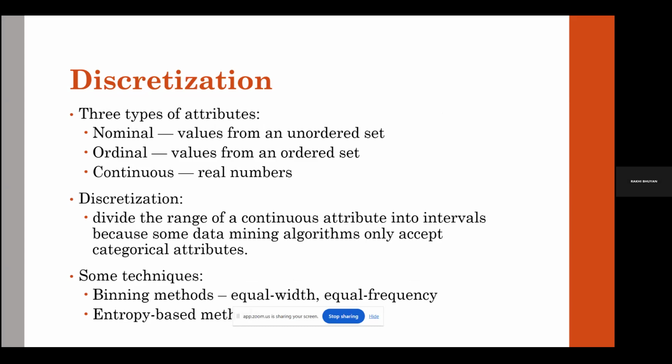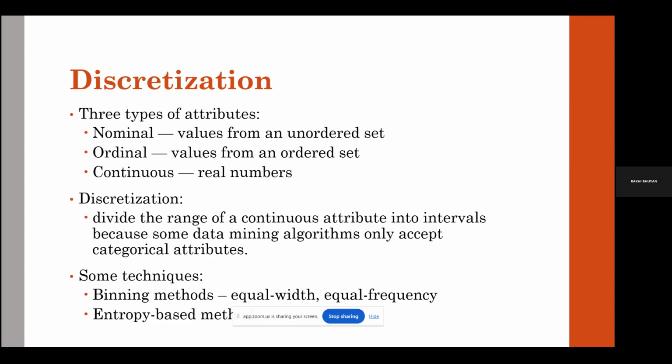Discretization means converting continuous values into categorical values. We have three types of attributes: nominal attribute, ordinal attribute, and continuous. Discretization divides the range of a continuous attribute into intervals because some data mining algorithms only accept categorical attributes.